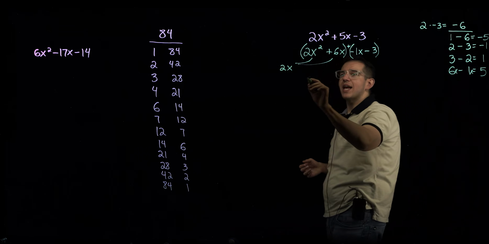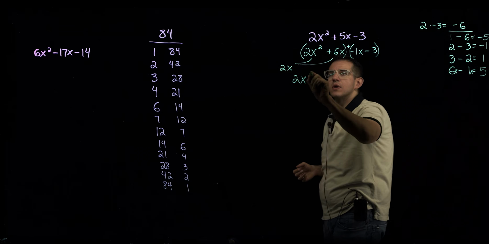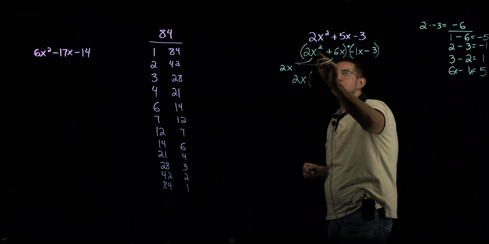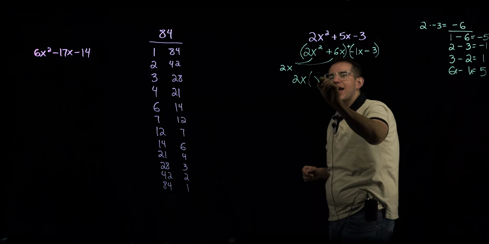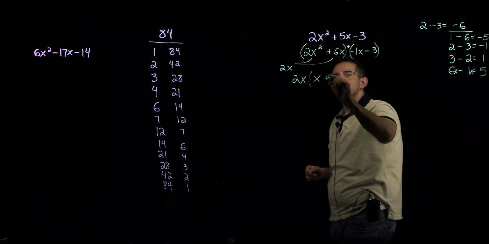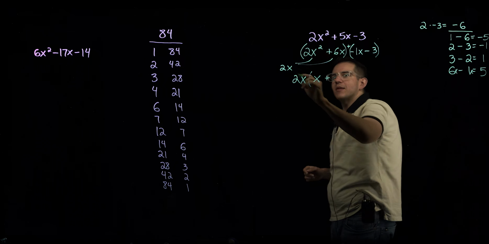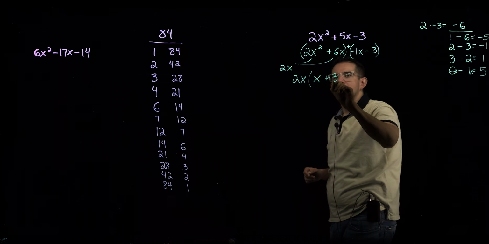So we can factor that out to get 2x times 2x squared divided by 2x leaves us with x, plus 6x divided by 2x leaves us with 3.